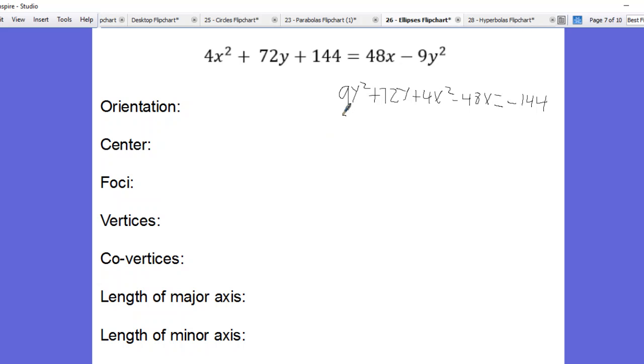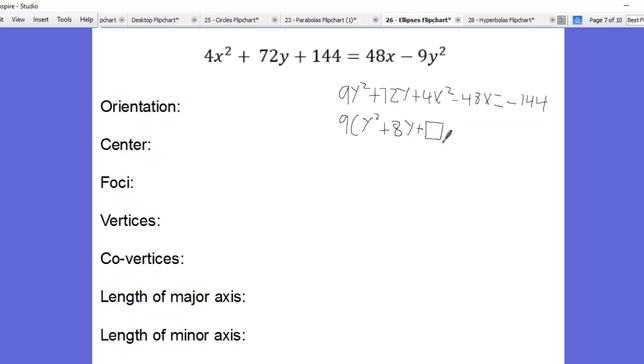When I factor out my 9, what's left over is y squared plus 9 times what is 72? Yep, so 72 divided by 9 is 8. Y squared plus 8y. Okay, and I'm going to have my complete the square term.